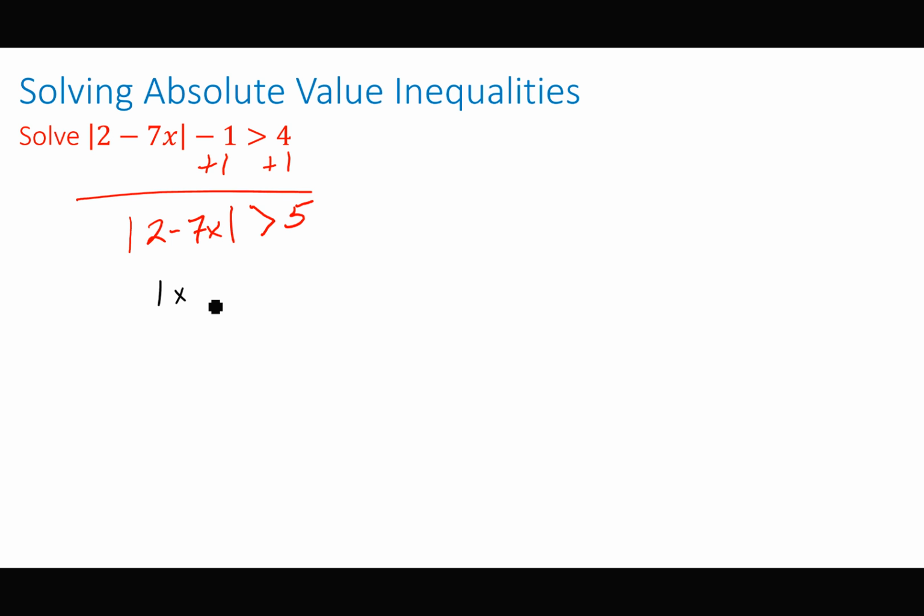Okay, so this is absolute value of x is greater than k. So am I shading between the k's or to the outside of the k's? Outside. Okay, and so really, let's just write it out.